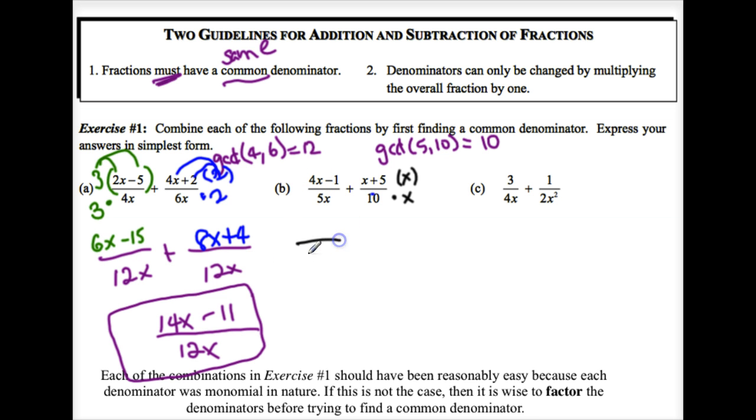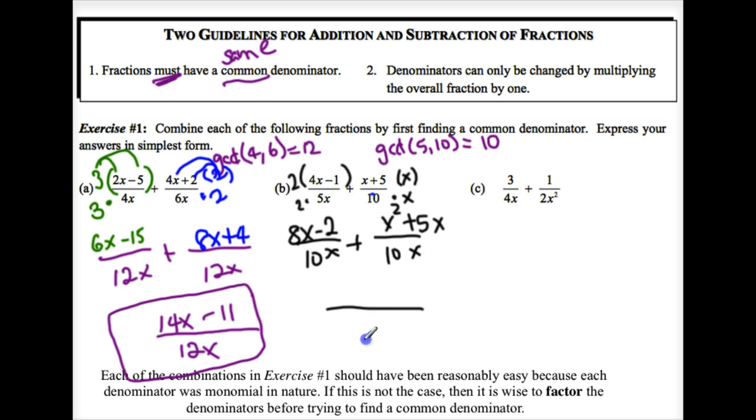I know I'm going to make this 10x plus something over 10x. This is going to be times 2, and this is times 2. So now that I multiply everything by 2, because I want it to be 10x in the bottom, this is going to be 8x minus 2, and this is x squared plus 5x.